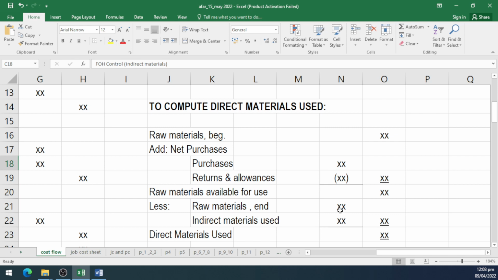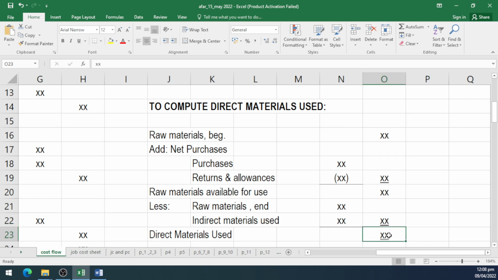Raw materials end. And then don't forget to deduct indirect materials used. Ito kasing indirect materials used, ladies and gentlemen, sa factory overhead control naka-charge yan. Kaya ima-minus nyo yan in order to compute direct materials used. Otherwise, kapag hindi nyo dinididuct po yan, madoduplicate yung charging. Kasi nandun na yan sa factory overhead control.